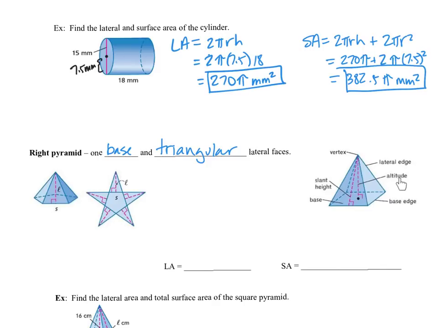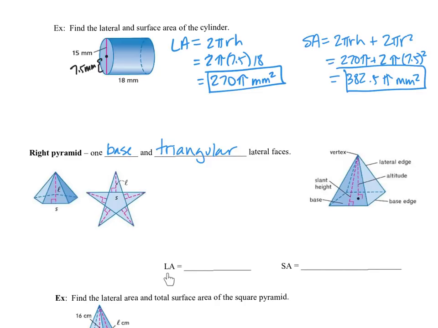The altitude of a pyramid would be a segment that goes from vertex to the center of the base, and then this segment that goes from vertex to an edge, that's called the slant height, and that will be important here in just a minute. Okay, the slant height on this three-dimensional shape, you can see on the net that the slant height of the pyramid is also the altitude of one of those triangular faces.